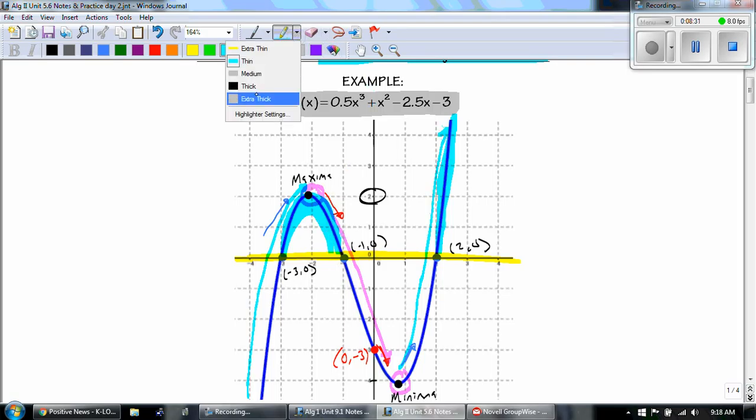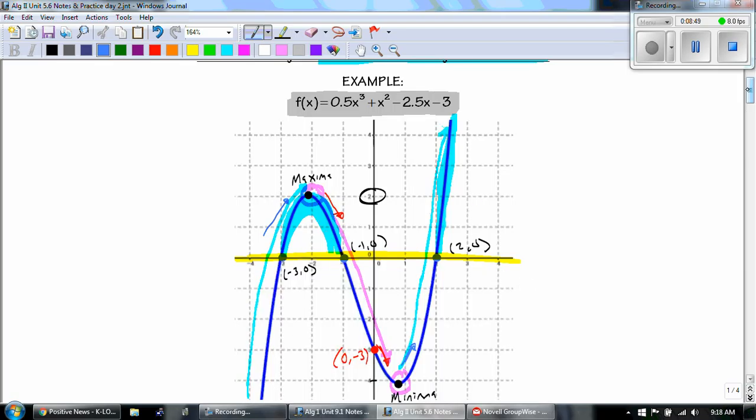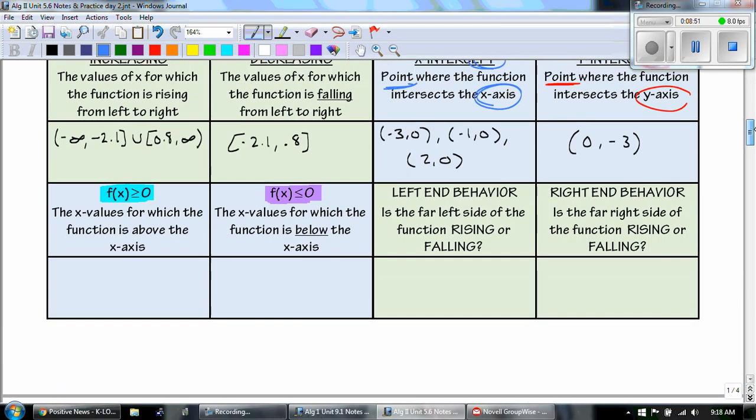So remember, when I'm looking at this part of my graph, I'm not even looking at, okay? So I am above 0 from negative 3 to negative 1, and then there's a break, and then from 2 to positive infinity, okay? So we said from negative 3 to negative 1, then the break, and then from 2 to positive infinity.